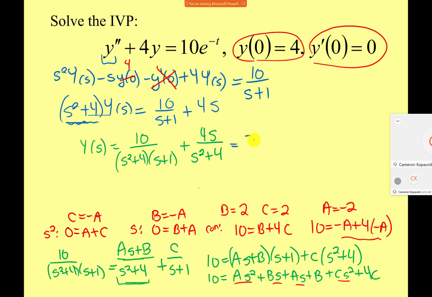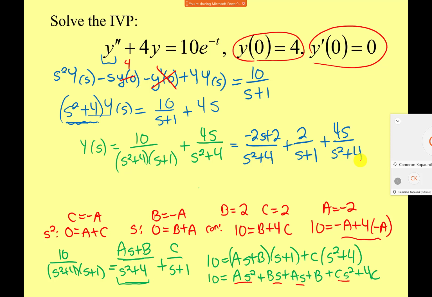So negative 2s plus 2 over s squared plus 4, and then I have plus 2 over s plus 1, and then I still have this plus 4s over s squared plus 4.